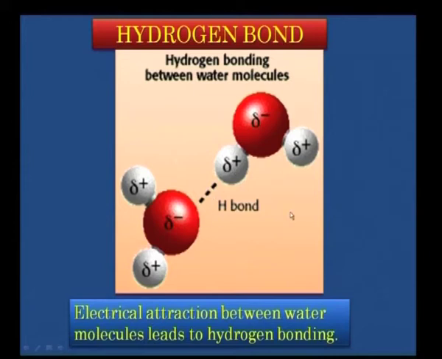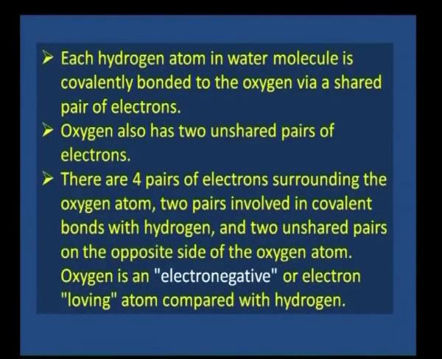Let us now look at the case where each hydrogen atom in the water molecule is covalently bonded. This I want to stress again: the intramolecular bonding is covalent bonding. With respect to oxygen, by shared pairs of electrons, as you have been studying in covalently bonded solids, there is sharing of electrons between the two participating atoms.